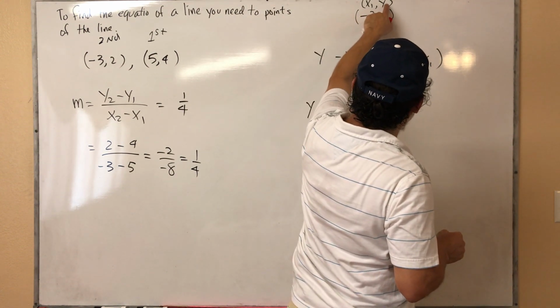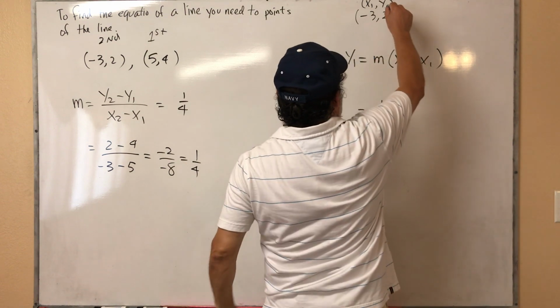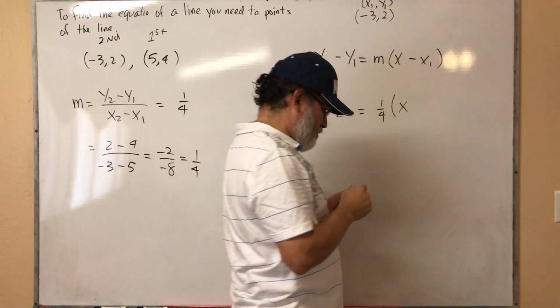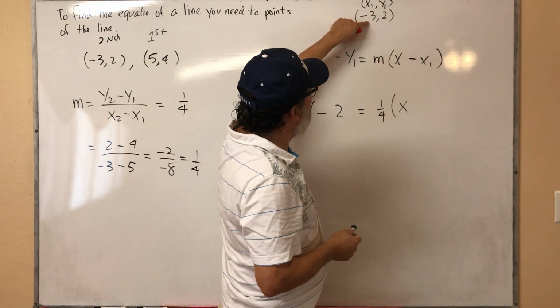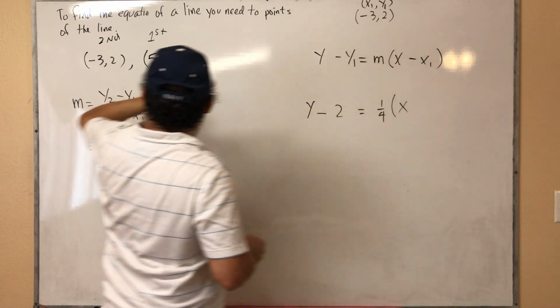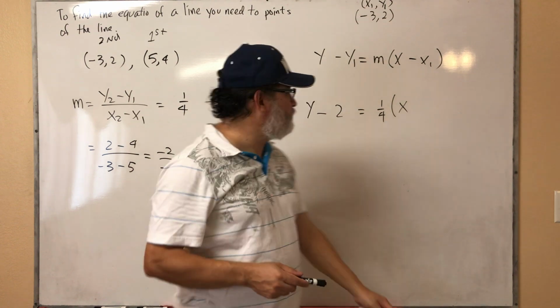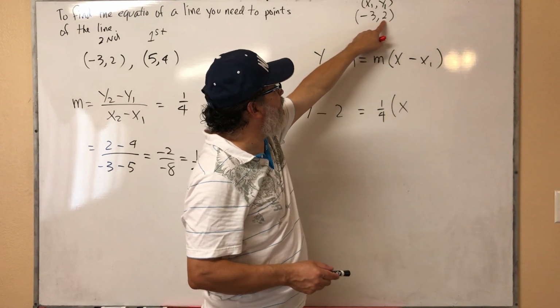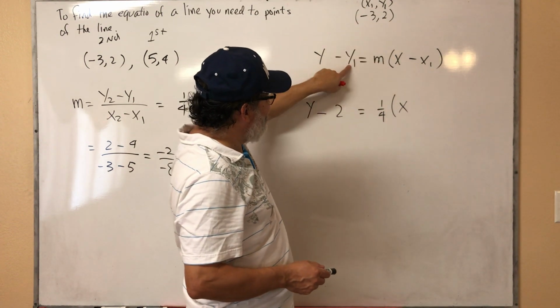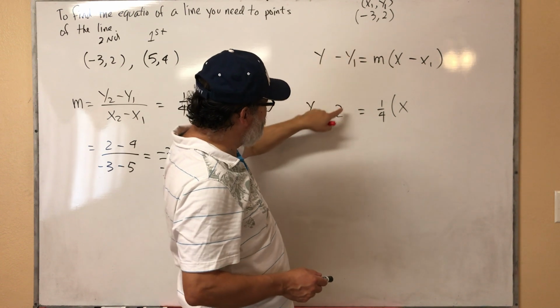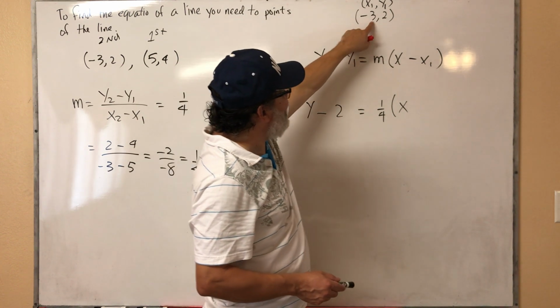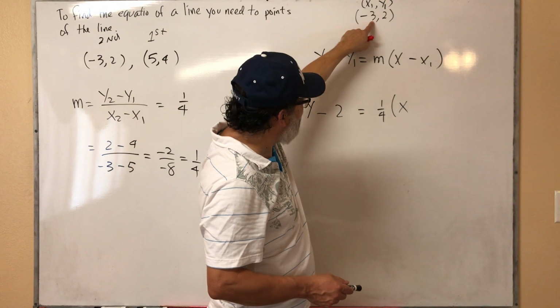I think I'm tired already. Okay. So this is x1, y1. We make this point x1, y1. So y1 is right there, which is 2. And x1 is -3.